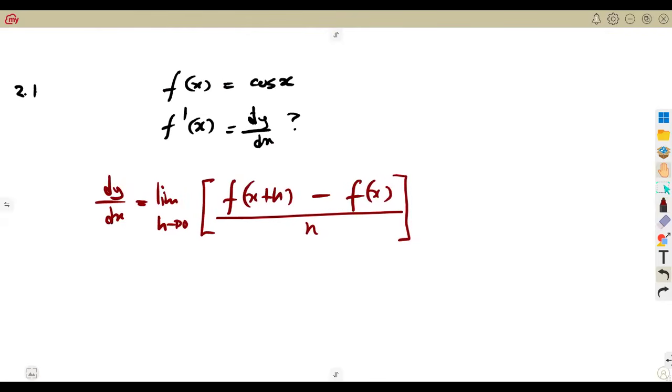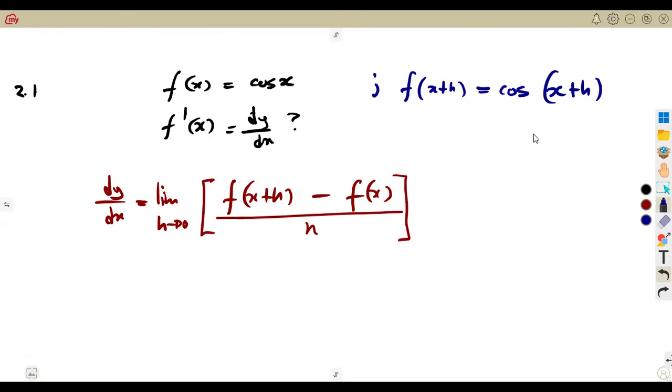With our f of x, which is the cosine of x, it follows that f of x plus h can be determined where, in place of x, you substitute x plus h. So it is going to be cos of x plus h.